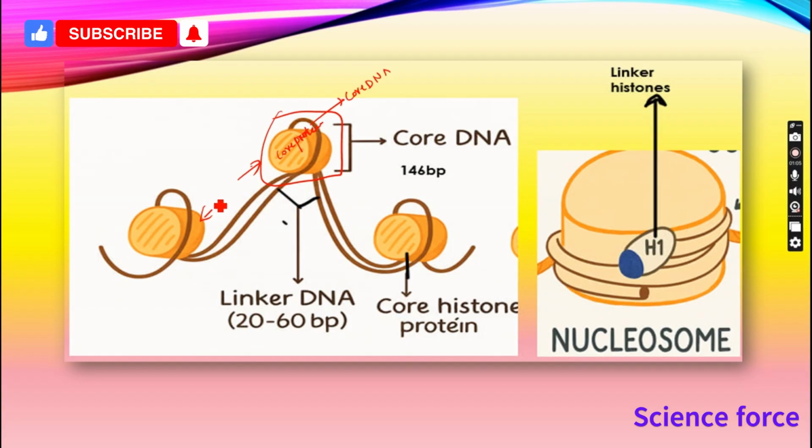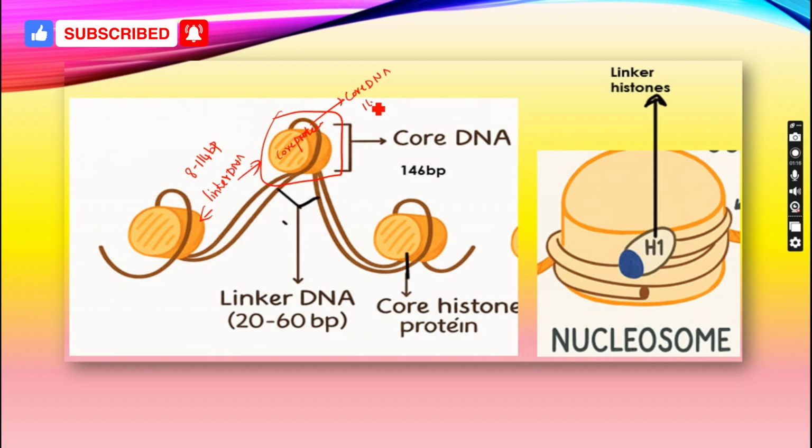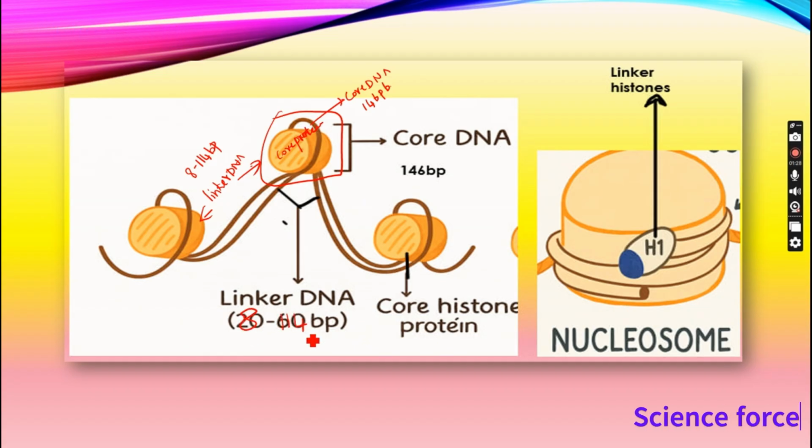This is the linker DNA. This linker DNA has 8 to 114 base pairs, and the core DNA has 146 base pairs wound around it. It varies between these base pairs.